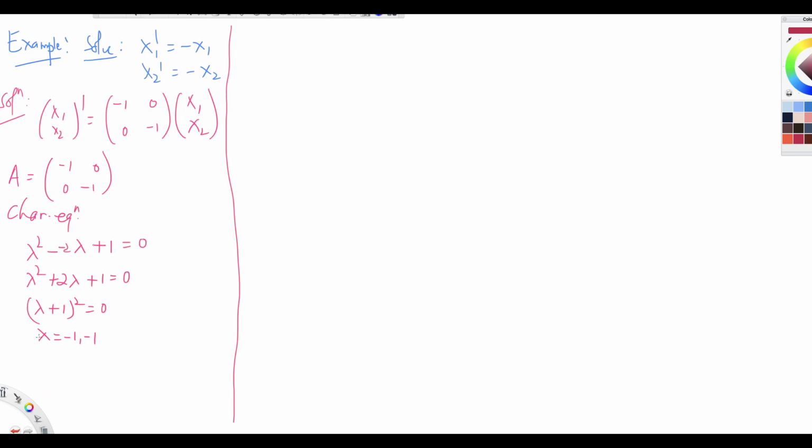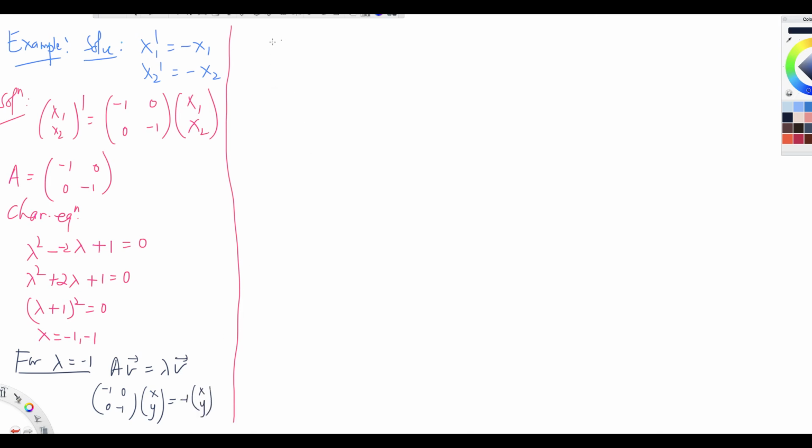How do I find that? Let's do it for lambda equals negative 1. How do I find the eigenvector? You do A v equals lambda v, where v is the eigenvector you want to find, right? So it is the matrix (-1, 0; 0, -1) times v, let's say (x, y), equals lambda, which is negative 1, times (x, y).